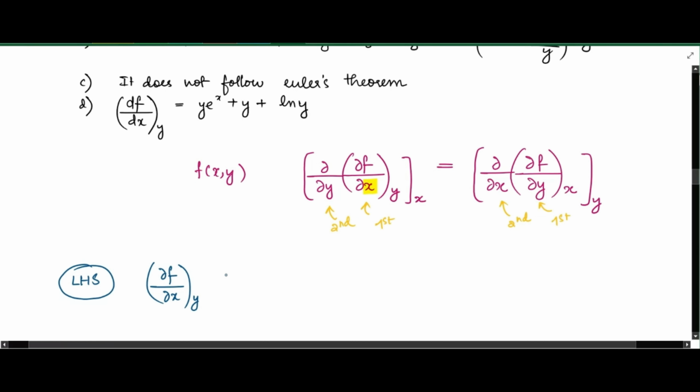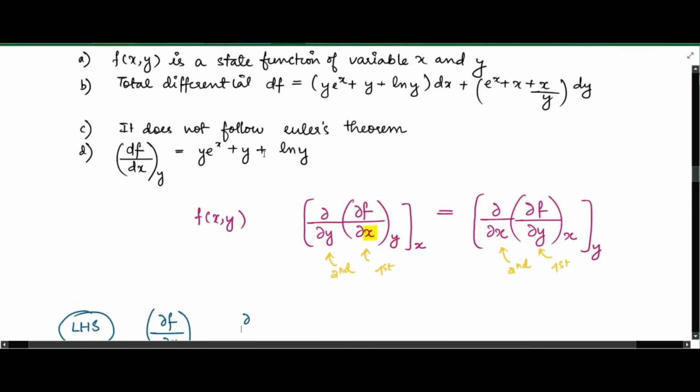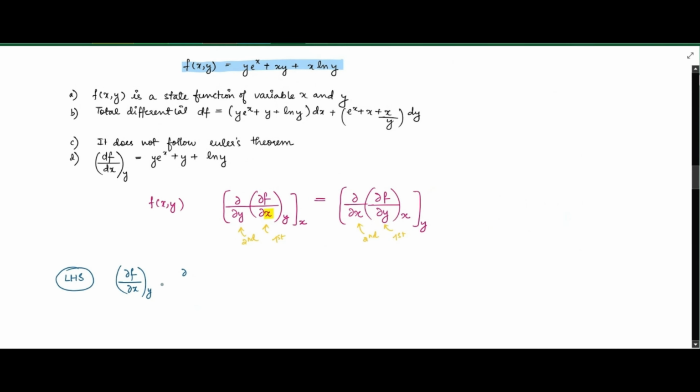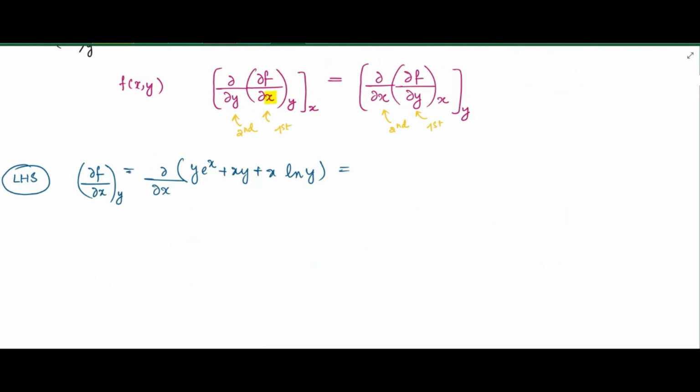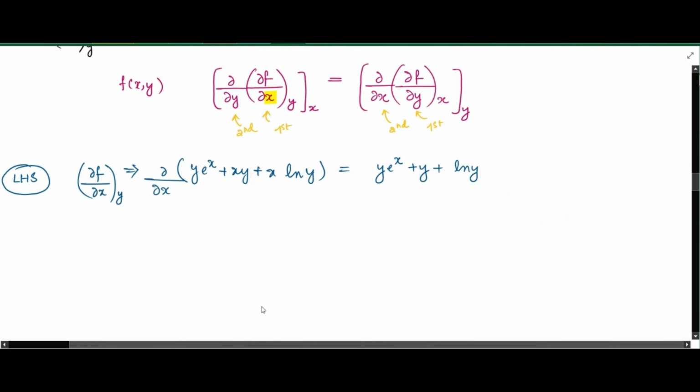All right, so what is the function which is given to us? d by dx of y e to the power x plus xy plus x ln y. This is our function, right? Find the derivative keeping y constant. The derivative of e to the power x is e to the power x itself. In xy, y is constant, so the derivative is y. ln y acts like a constant, so the derivative of x is... no, sorry, the derivative of x is 1. Correct? Did you get it?